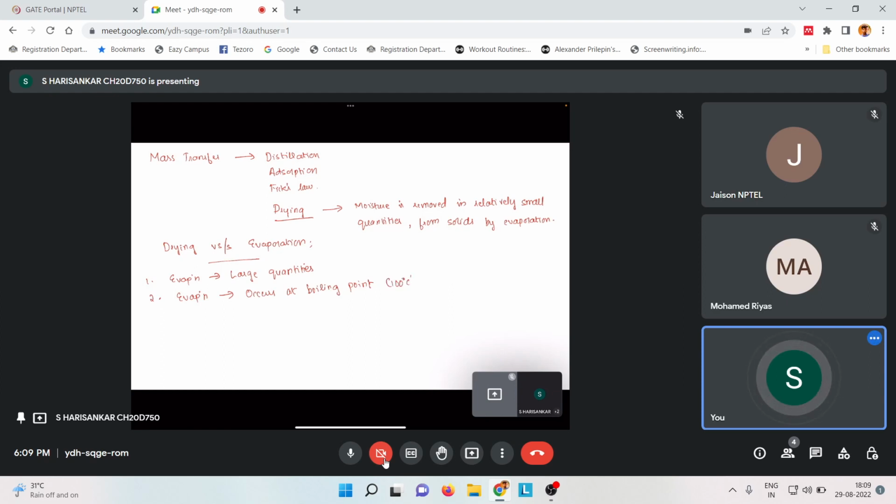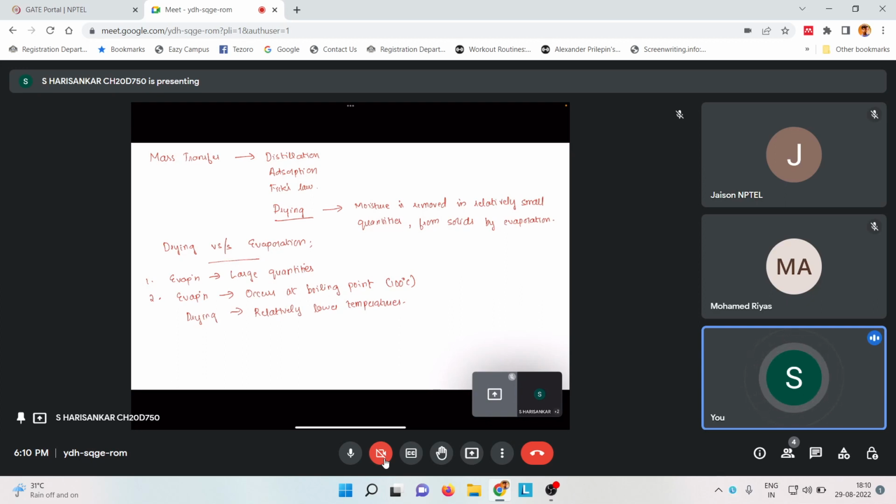But drying can occur at even relatively lower temperatures. Yeah. So these are the main two differences I would say, when it comes to drying versus evaporation.